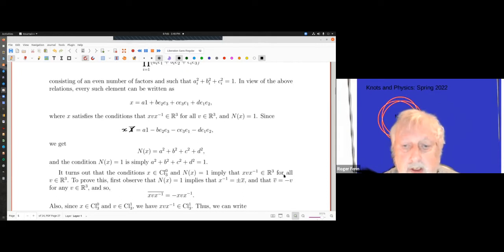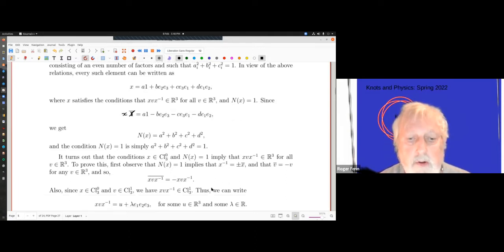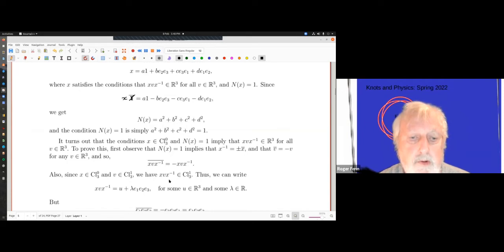And once again, every element X in the Clifford algebra with an even number of elements generated by 3 elements, it implies that this is also in R3, and it's also of length 1 as well. So this conjugate is also in CL3,1.